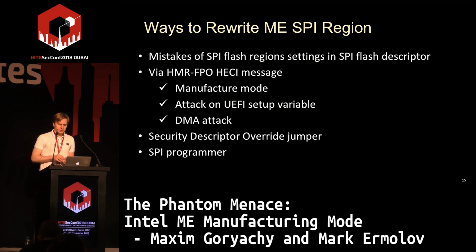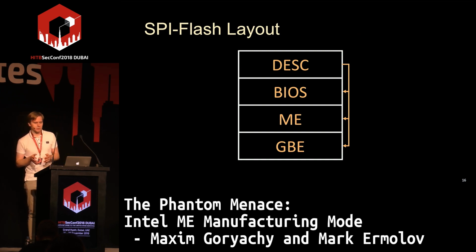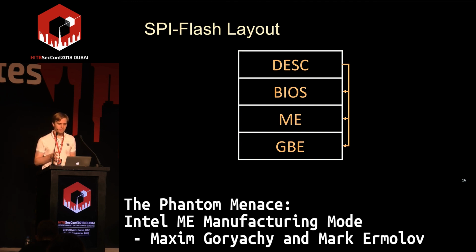So we met many systems working in the so-called Intel ME manufacturing mode. This mode can also help an attacker. So let's explain how an attacker does it. I need to give information about the SPI implementation in modern systems. The SPI flash is just a memory chip on your motherboard.